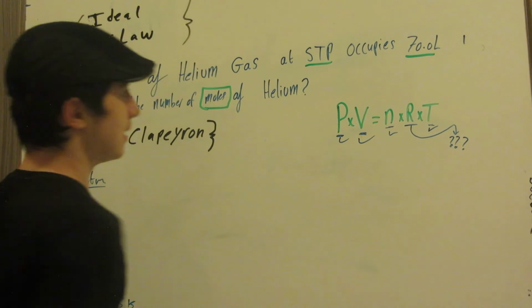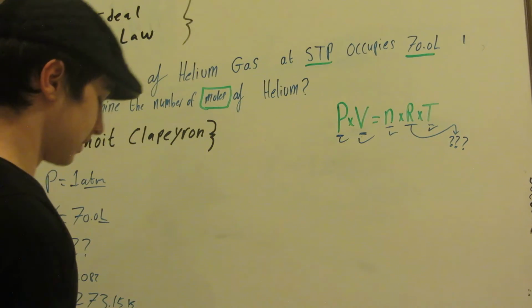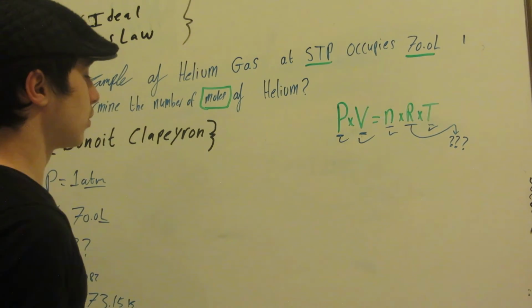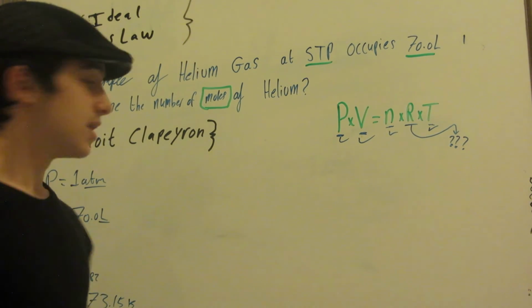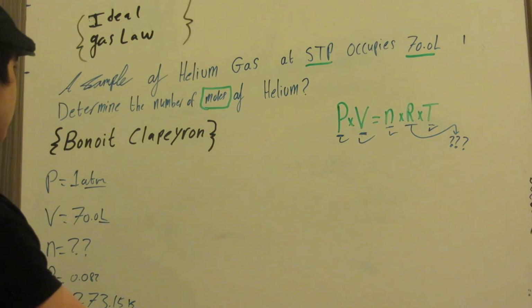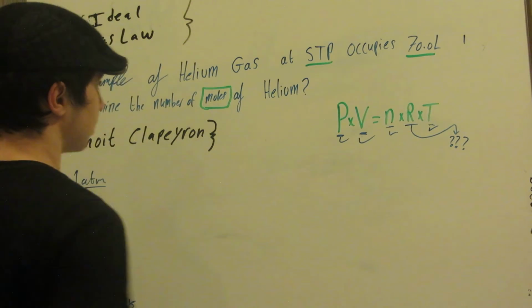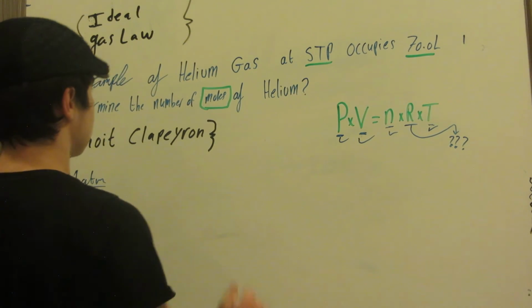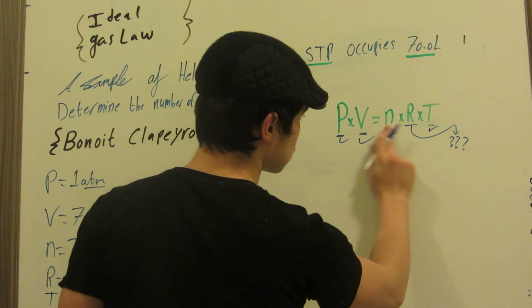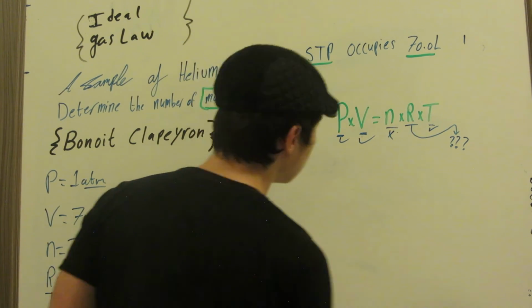Now the question has PV equals nRT. Number one clue that we can apply for this situation is rearranging everything by the variables itself before plugging in any value. What is unknown is N. We want it right now.